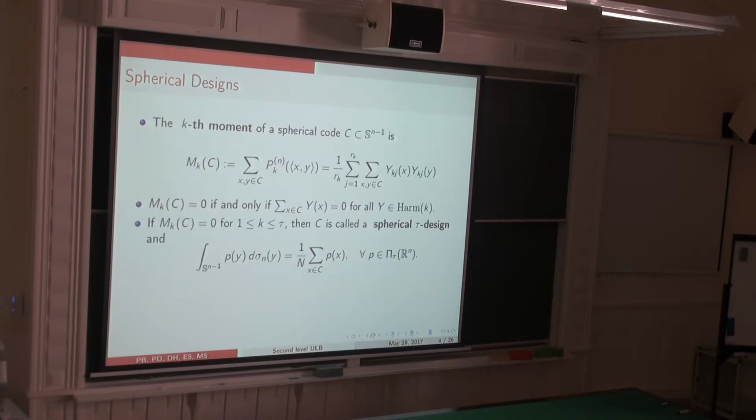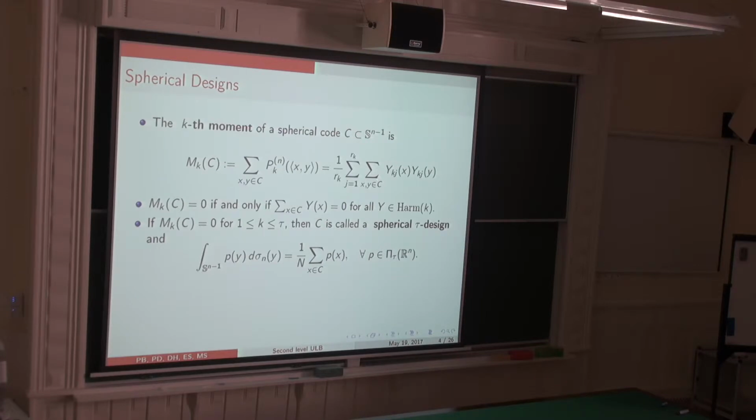And this gives us a lower bound on the energy as follows. The kth moment of a spherical code is really the sum of the Gegenbauer polynomial of degree k at the inner products <x, y>, where x and y run over the code.